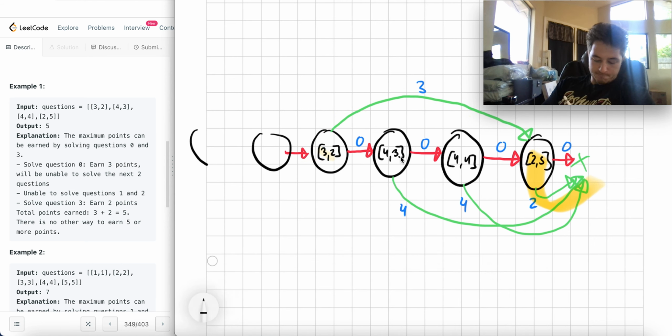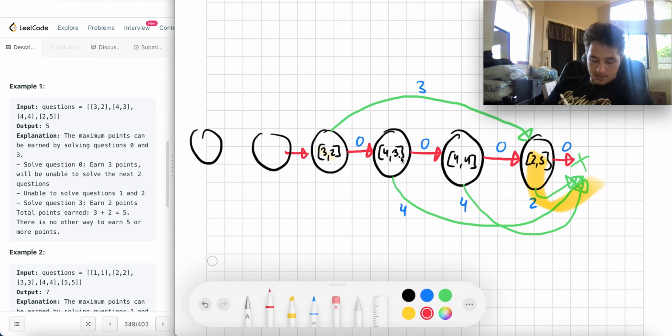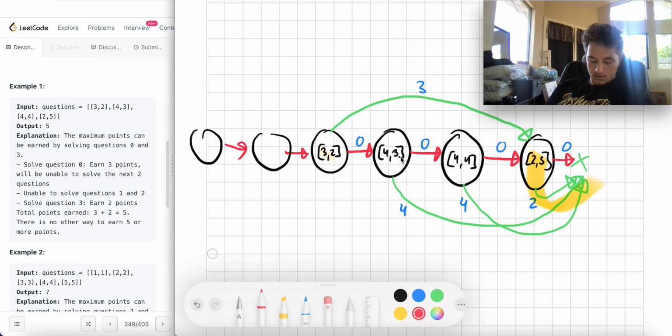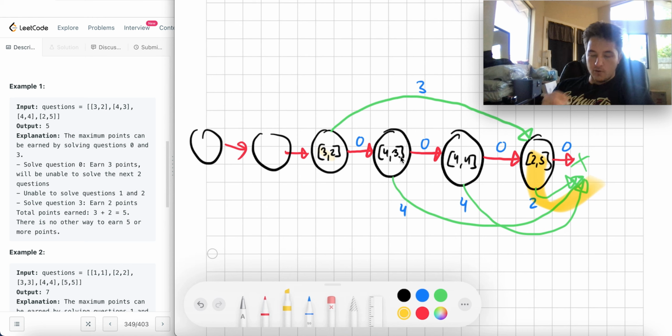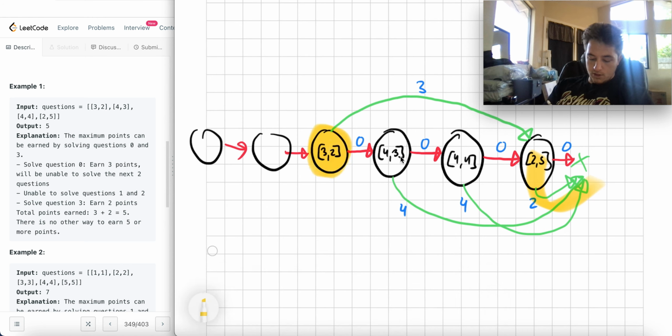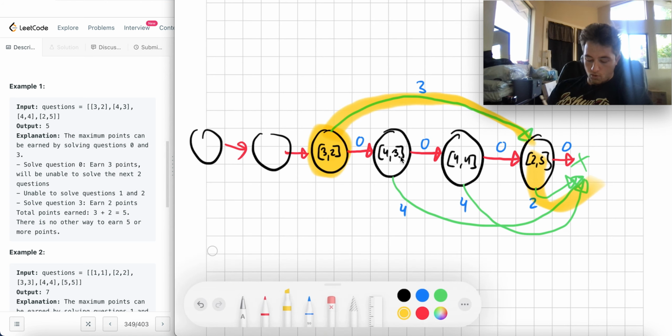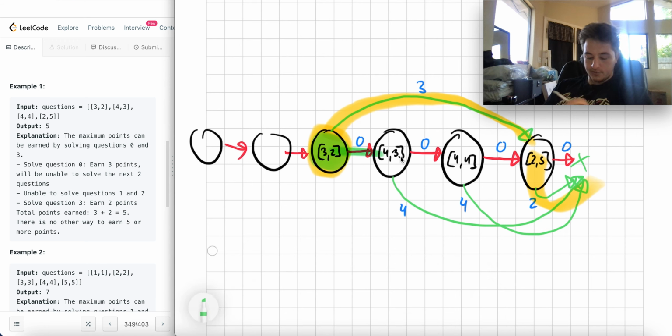Sorry, I was just thinking if I'm allowed to do that. How do we know if it's better to go like this or to go like this? Because that's your 2 choices.